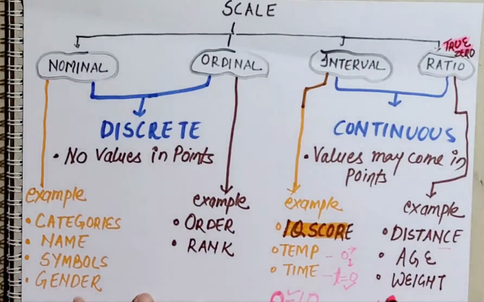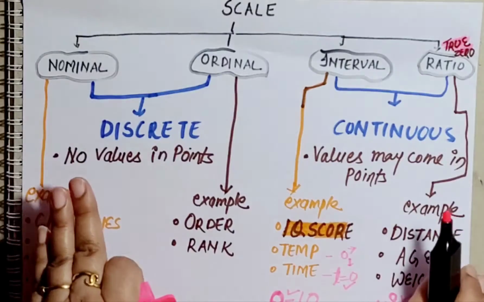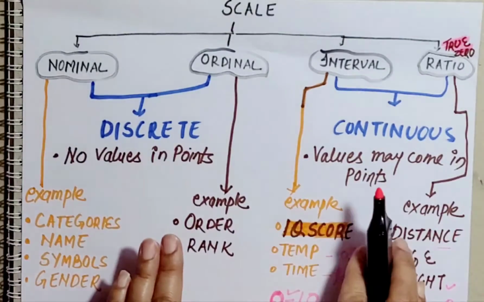What will you say? 0. And that 0 is a true 0. So I hope, children, you are understanding in a better way what the difference is between interval and ratio. In a similar way, weight. If you are not putting any weight, it can be 0, and that 0 has a meaning and it is a true 0.